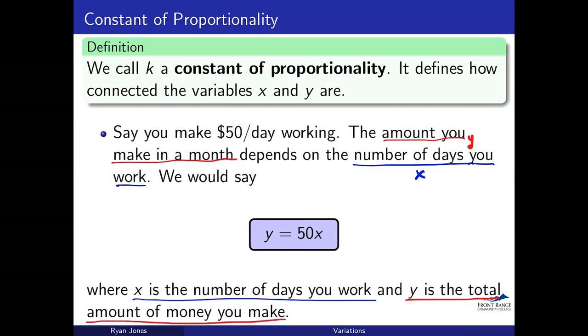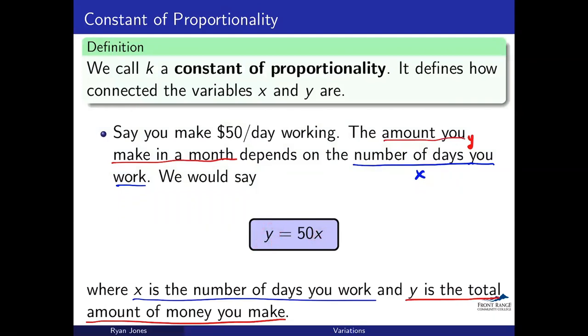And so clearly these are related, as I've said above. The amount that you make in a month depends on how many days you work, because the more days you work, the more money you would make. So we would recognize that these variables are directly proportional to each other. They vary directly, because as I increase the number of days that I work, x, I'm going to increase the amount of money that I make, y.